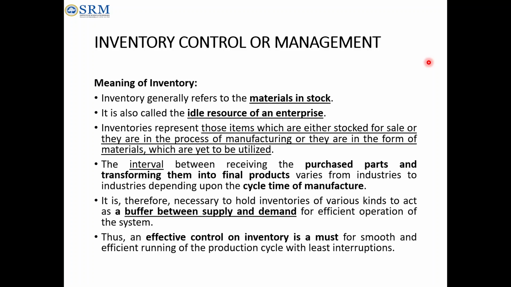Inventory, in the sense, where is it available? In what stages of manufacturing or production are the inventories available? If we can know that, in that case, three stages we can say. So what are the three stages? Take it from the raw material stage.